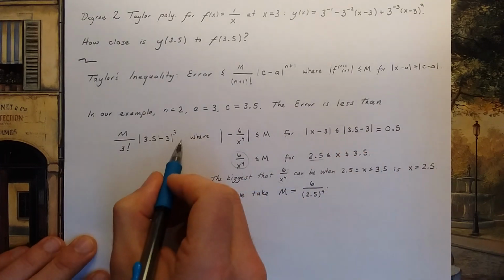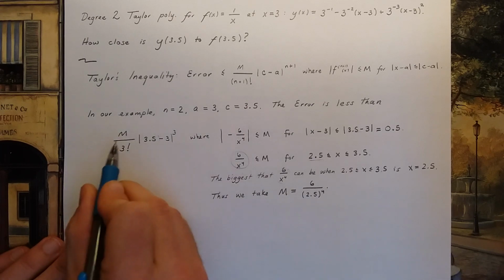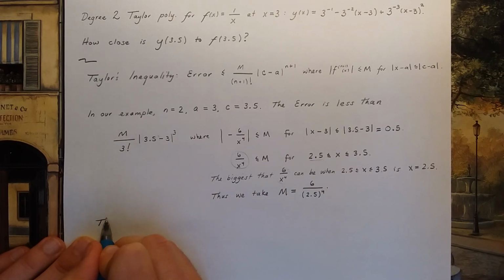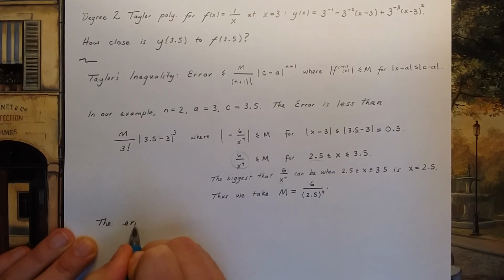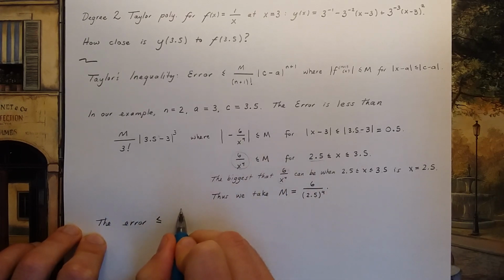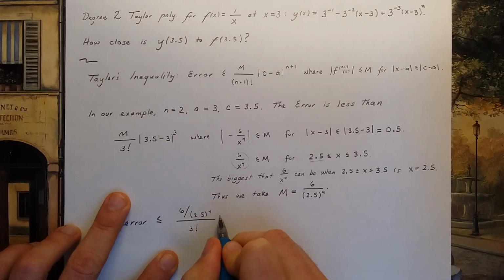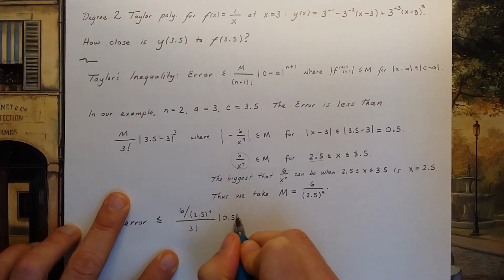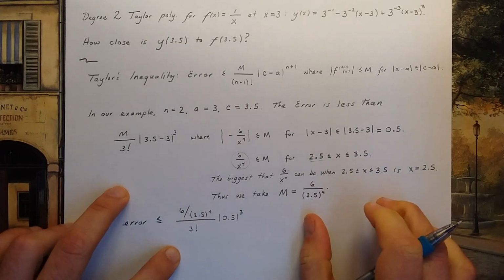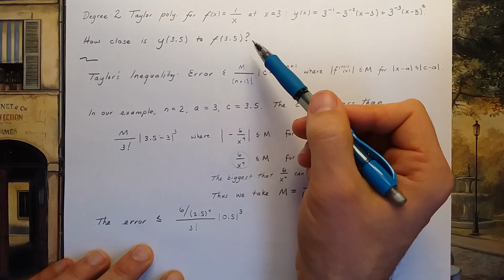Okay, so then I'm going to use that value of M back in here and find the error is less than or equal to 6 over 2.5 to the fourth, divided by 3 factorial, and then times 0.5 to the third. Now I have a handle on how bad my approximation really is.